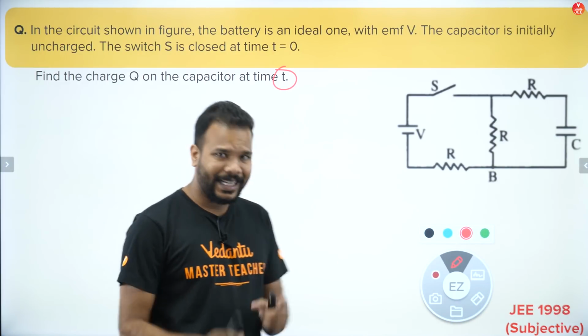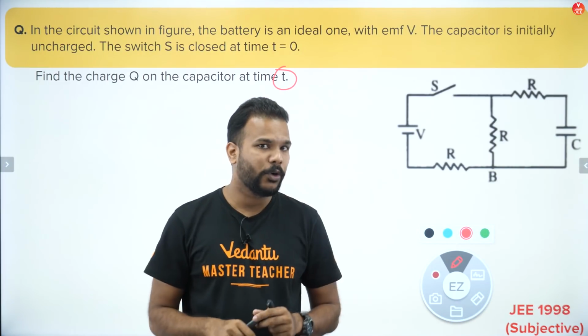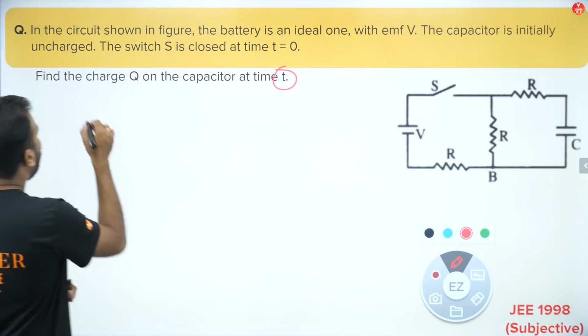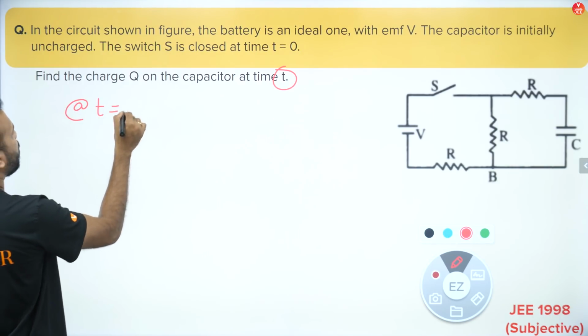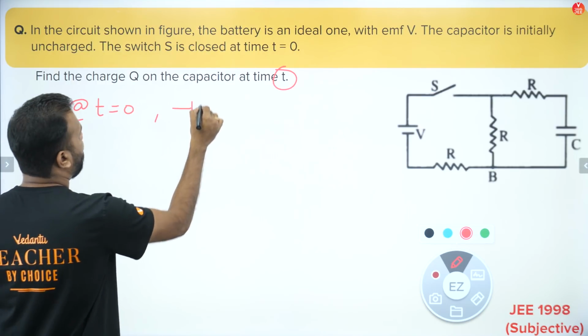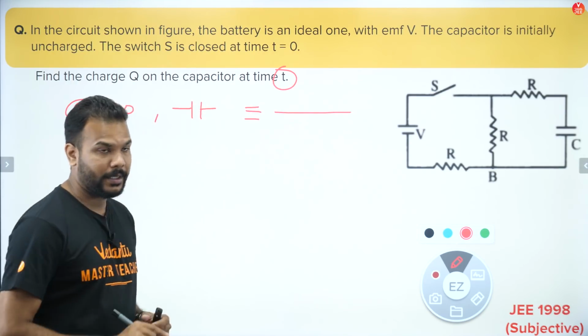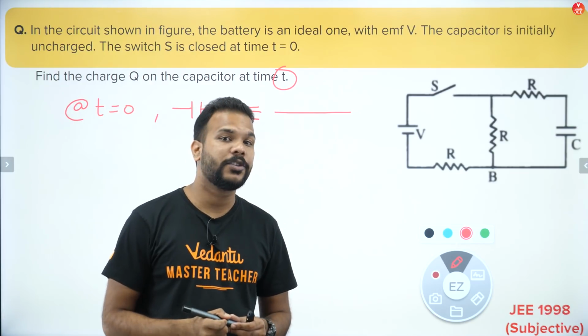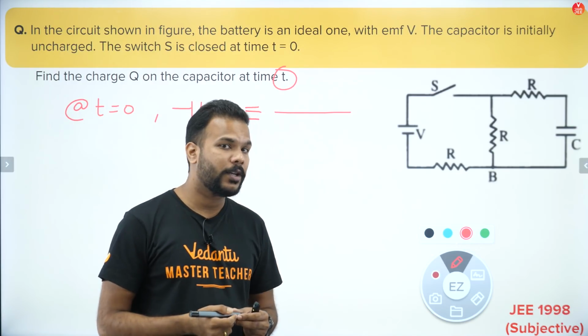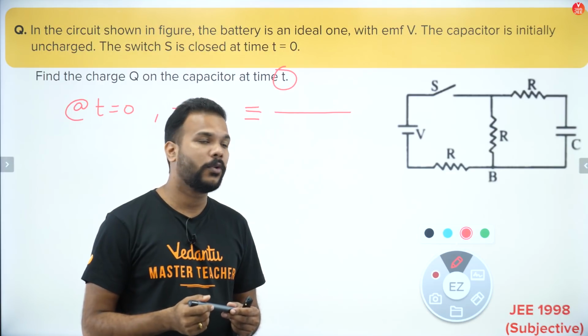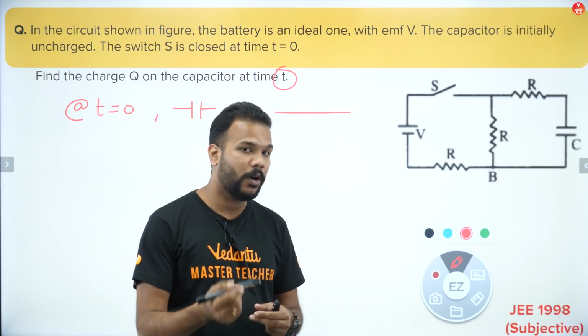So guys, at t equal to 0, remember these 2 points that I'm going to tell you. At t equal to 0, your capacitor will behave like a straight wire. Remember this. Why? Because it does not have any charge, so it does not have any potential, so it is basically not going to offer any resistance towards the flow of current.